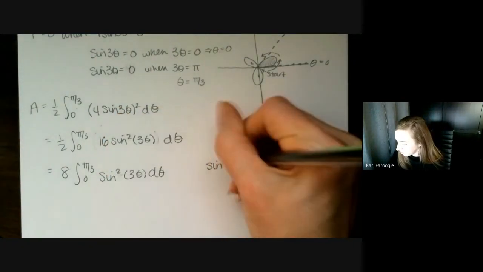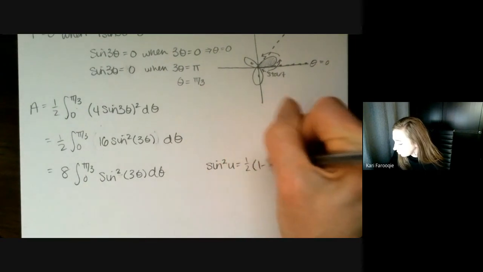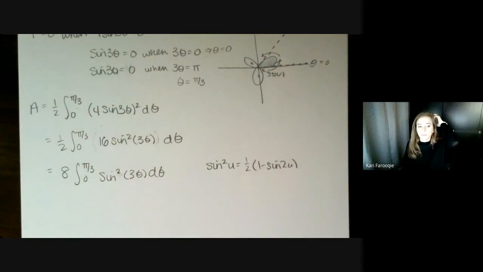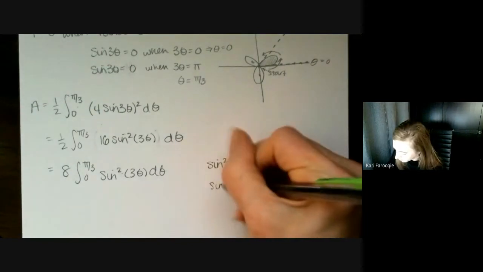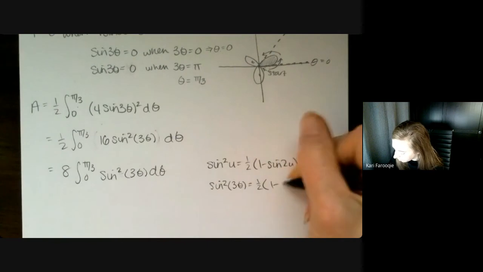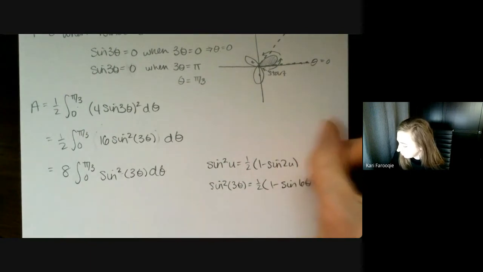I know I just wrote it on the last page. Sine squared u is 1/2 times 1 minus sine 2u. Now, in this case, u is 3 theta. So we're going to take 1/2 times 1 minus the sine of, well, if we're looking at 2u, then we're looking at twice 3 theta, which is 6 theta.